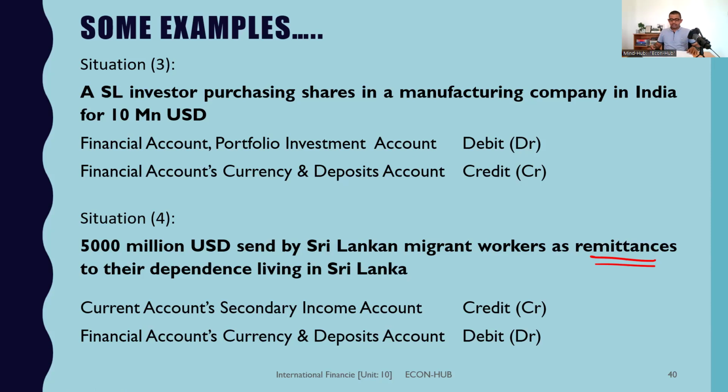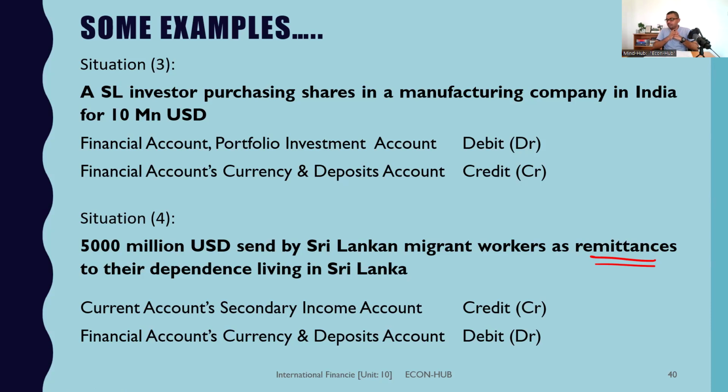So here, the first entry, I'm sure you can figure out easily. It is to do with, again, a transfer, donation. So it goes under the secondary income transfers, that's fine. But the second entry, because there is no money coming in, we can't record it in the financial account.